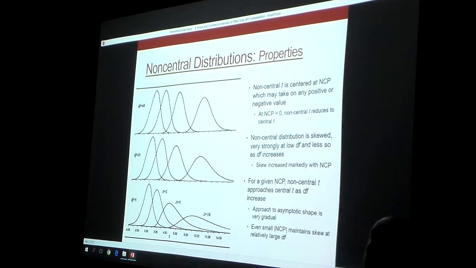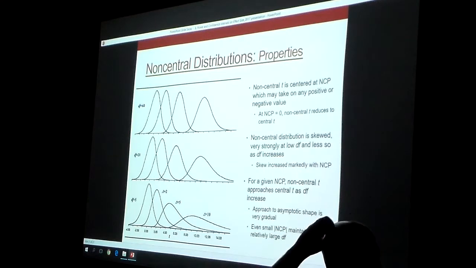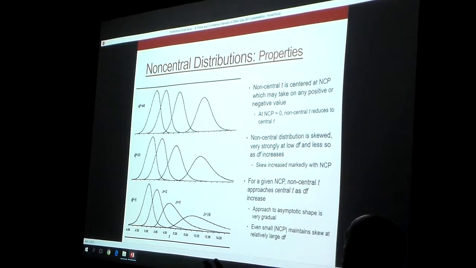We talked about properties of this non-central t distribution. Again, what we find is that our non-central t, centered around our non-centrality parameter, can take any positive or negative value. When our non-centrality parameter is zero, we just default into our central t distribution.